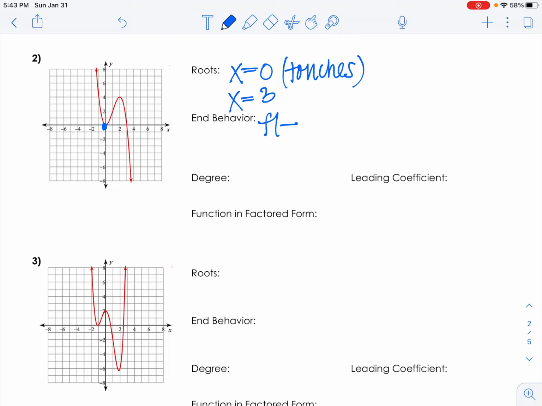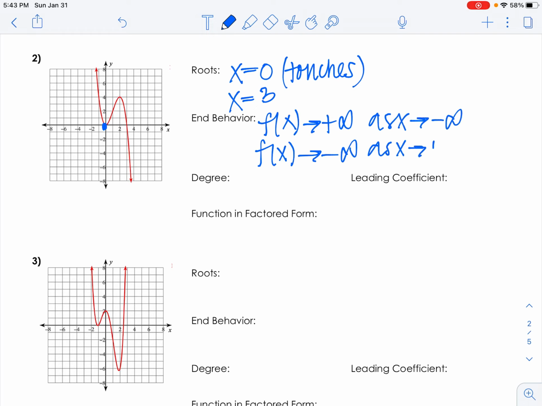Now my end behavior goes to positive infinity in the front and negative infinity at the end. So my degree must be odd, okay?